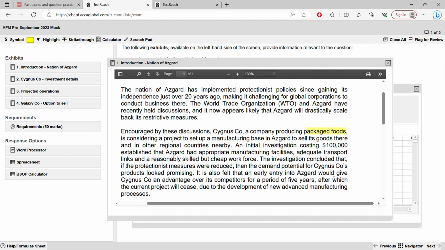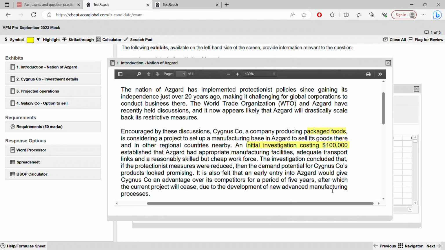Now, an initial investigation cost is 100,000. Always highlight your amounts, okay? You can highlight it in any color, okay? Because they believe that they have manufacturing facility, transport is there, labor is skilled and cheap, okay?